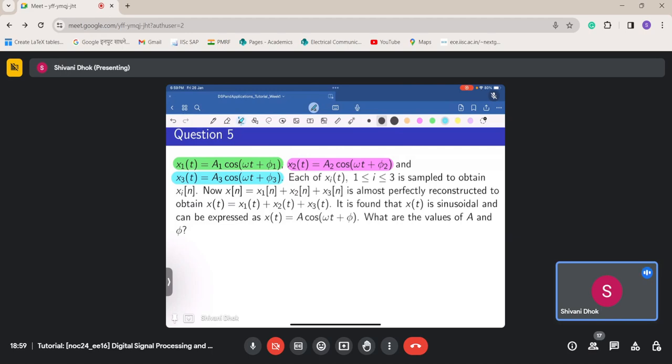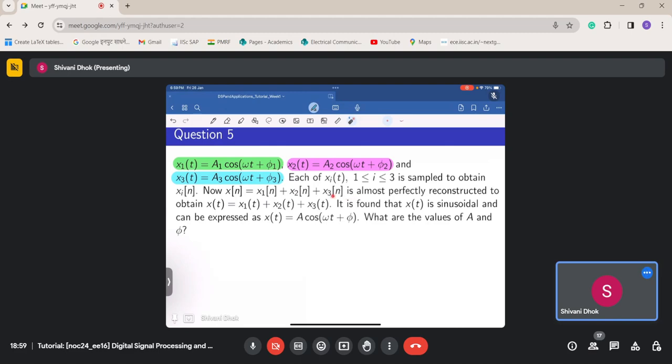Each of these xi of t is sampled to obtain xi of n, where i ranges from 1 to 3. Now we have the signal xn equal to x1n plus x2n plus x3n.